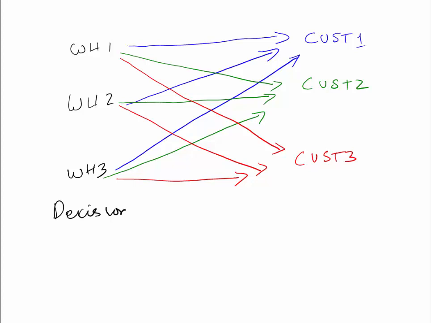Remember, the decision is usually how, why, what, when. In this case it's which warehouse serves which customer. Just by writing that out, that gives us a clue of how we can define our decision variable.